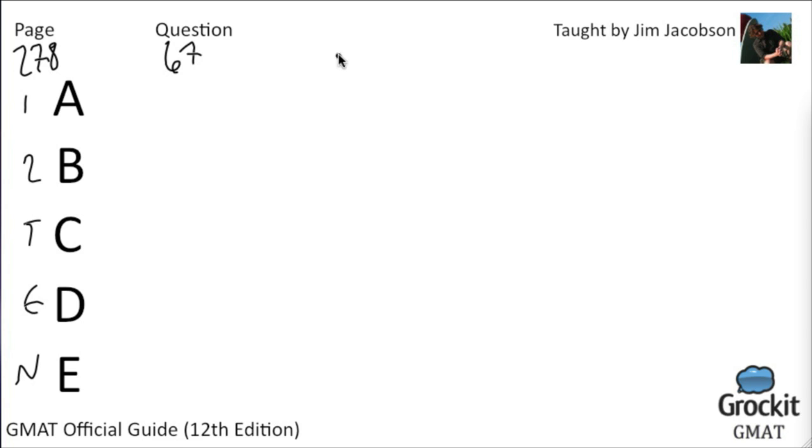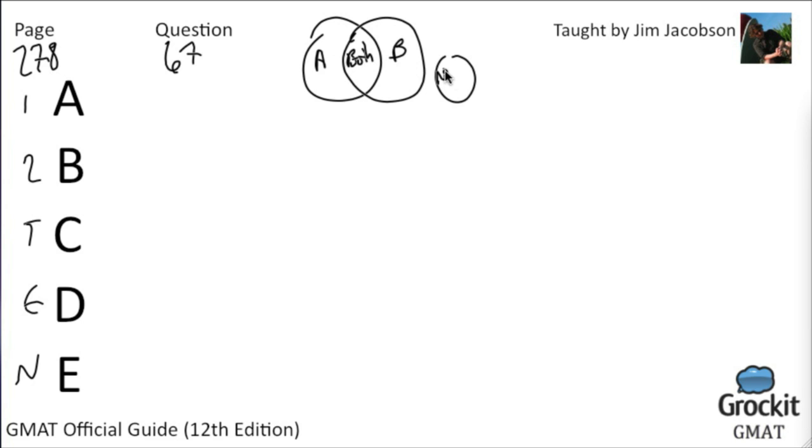So this is one of those overlapping sets problems. You remember this, the credit card logo, where we have A, B, both, and over here, neither. And the formula is A plus B minus both plus neither equals your total. We have a bunch of these numbers.